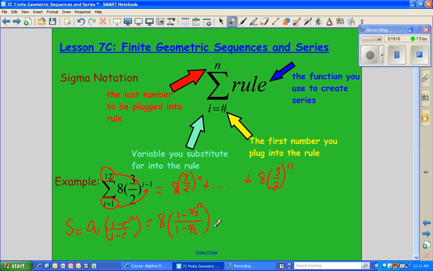If you don't believe me, count it out on your hands. You always do the top minus the bottom plus 1. So I'm going to use my calculator for a second. And when you work this out, you're going to get that your sum should be 2059.941406.